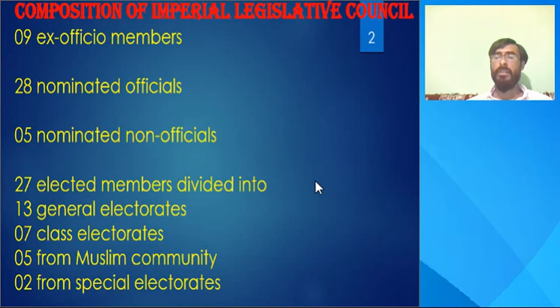There were 37 official members in the central legislature, and these members were in majority. These official members were divided into 9 ex officio members and 28 nominated officials.